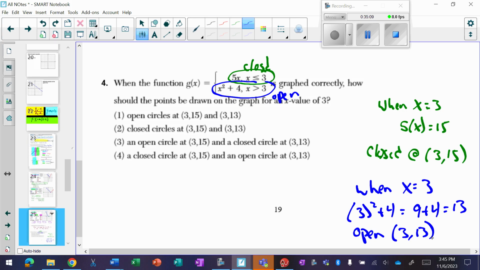So if we read through these choices, open circles both, no. Closed circles both, no. Open circle at 3, 15, that's not what I said. I said closed circle at 3, 15 and an open circle at 3, 13.